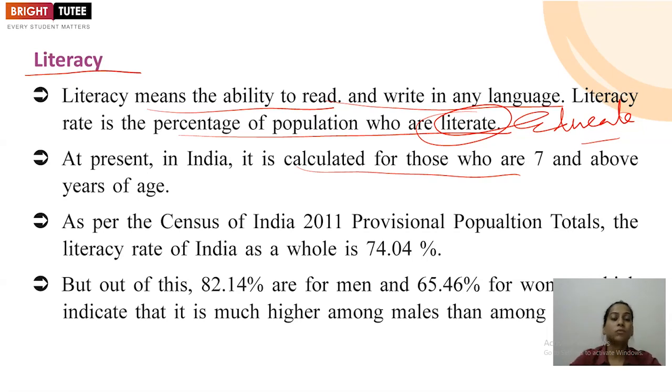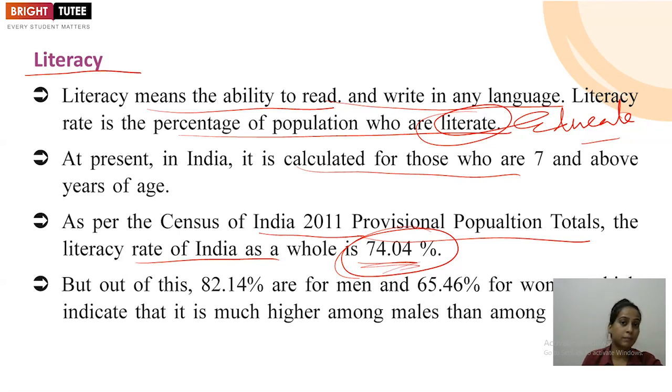Those who are above the 7 year of age and able to read and write any of the language, they will be considered as literate one. As per the census of 2011 provisional population totals, the literacy rate of India as a whole was found 74.04%. Clear? Still we are lagging behind.